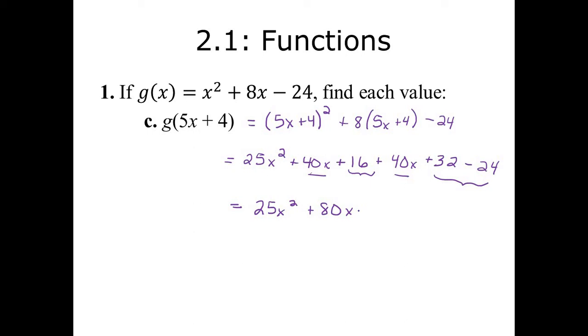That is 24, so we get 25x squared plus 80x plus 24, and that is the function g evaluated at 5x plus 4. Okay, so that's how to evaluate a function.